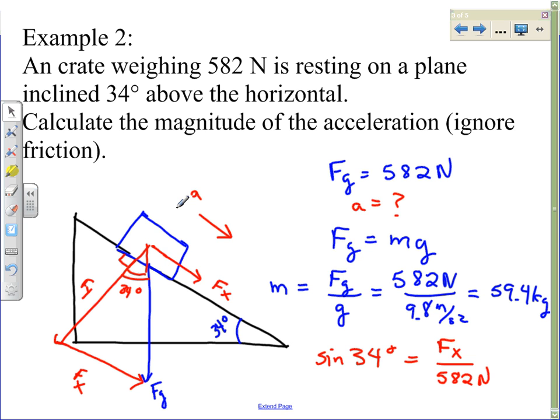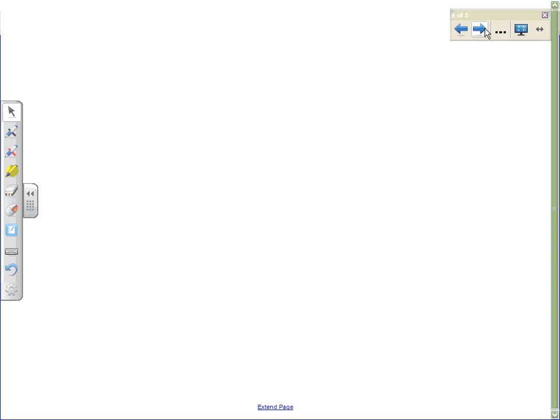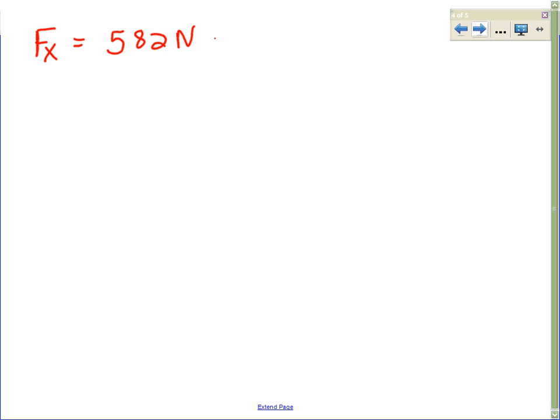Solving for Fx, Fx is equal to 582 newtons times the sine of 34 degrees. So the value of Fx is 325 newtons.